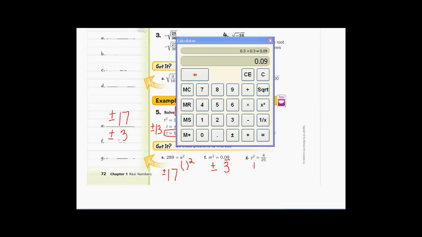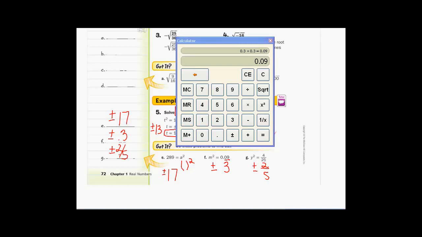Has to be plus or minus because it's a variable squared, so all the possibilities for that. Square root of 4, 2. Square root of 25, whoops, is a 5. So I've got plus or minus 2/5.